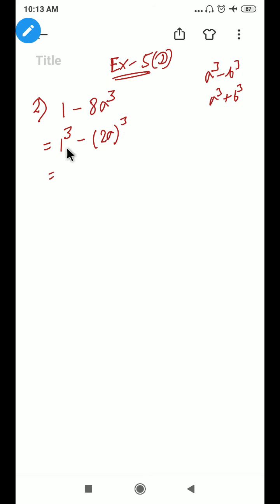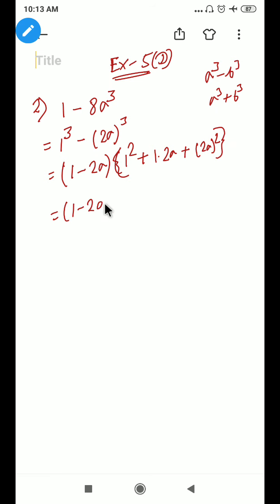Now use the a cube minus b cube formula: (a minus b)(a square plus ab plus b square). Now solve it: 1 minus 2a, keep as it is, and 1 square is 1, 2a into 1 is 2a, and (2a) whole square is 4a square.